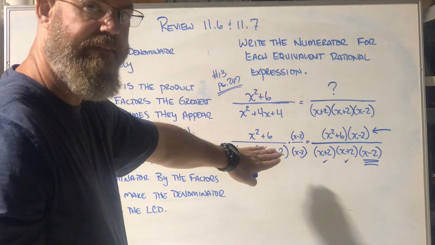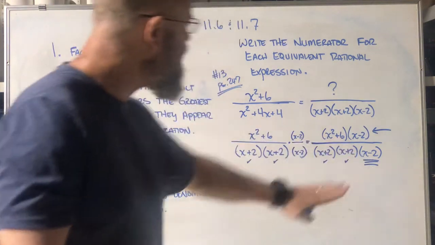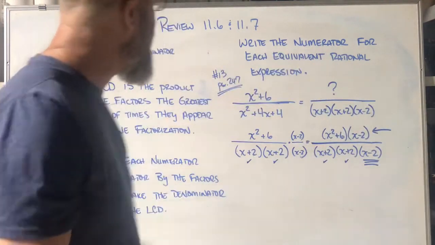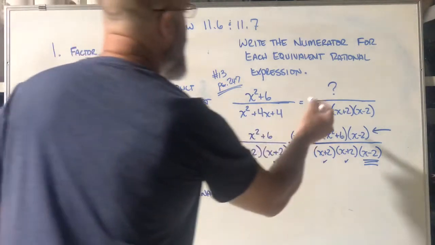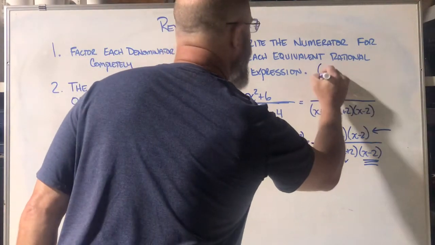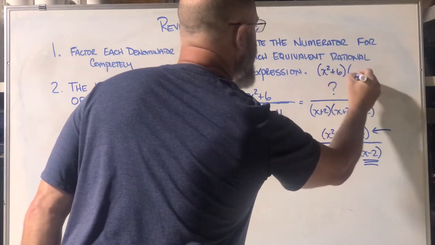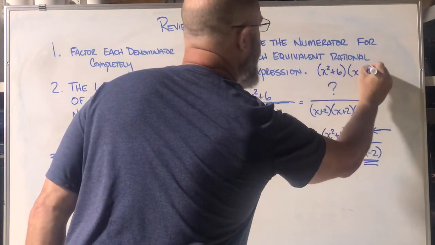So it makes sense. The new numerator is x squared plus 6 times x minus 2.